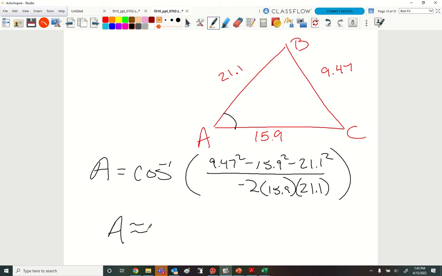I don't like 155. Oh wait, I did it wrong. 74 point. I don't like that one either. 24.96. Or you could say 24 point. Or, yeah, there it is.